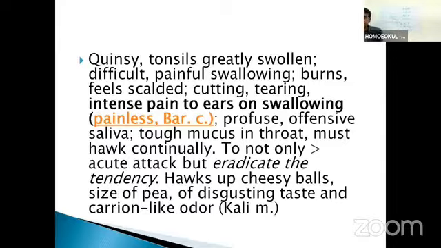Open the chapter calcarea carb from Allen's keynote. Read fast. Calcarea carb, painless hoarseness. Got it? Hoarseness, painless, calcarea carb.